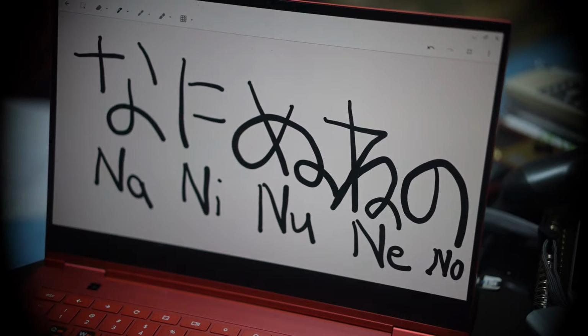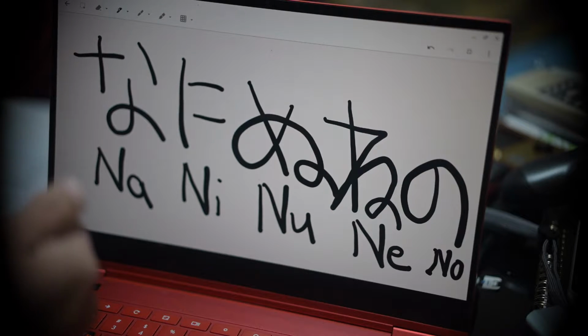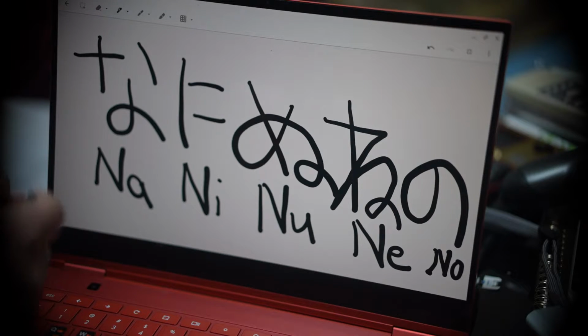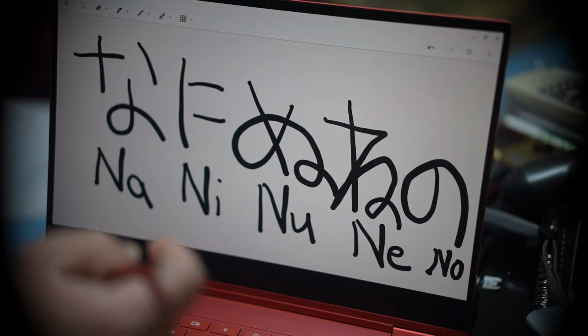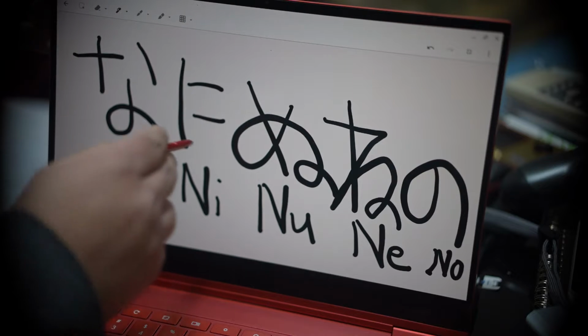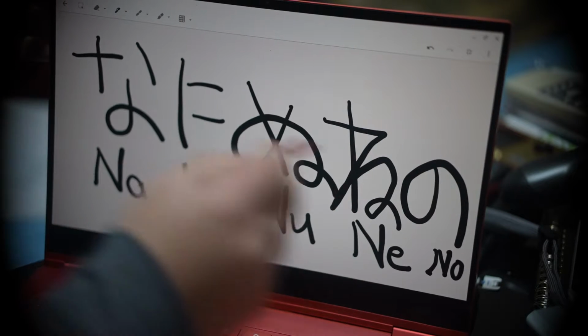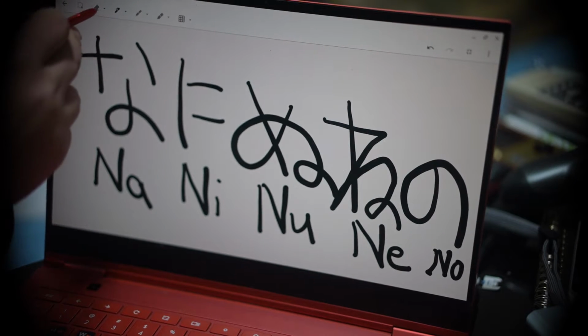No, if I'm going to give a very quick example, is let's say you were to say I, watashi, no. So if you're going to say watashi wa, that's statement, I am. But watashi no makes I into my or mine. It's a possessive. So there's na, ni, nu, ne, no. And no tenten on this one, so don't worry about that.